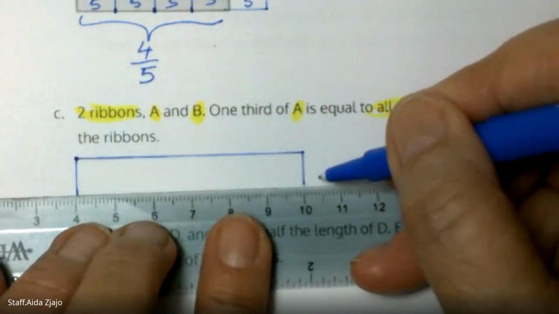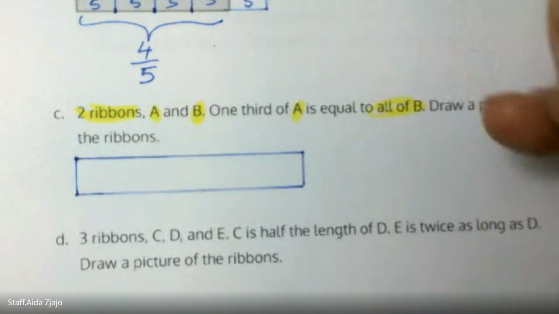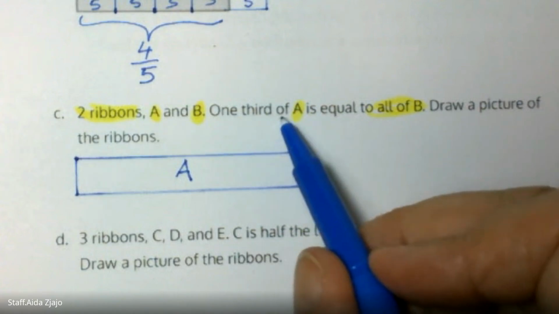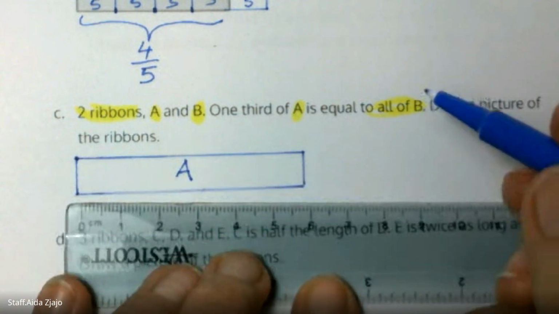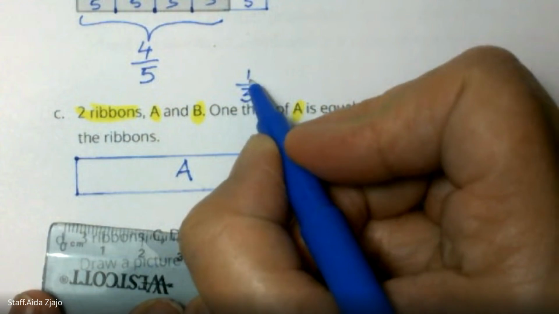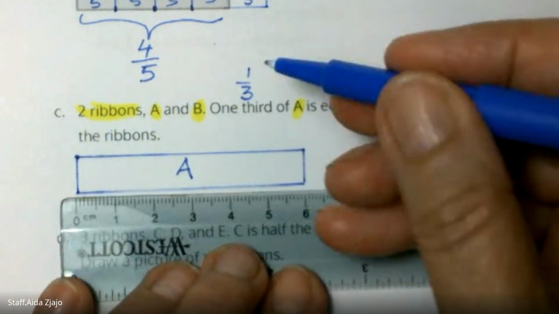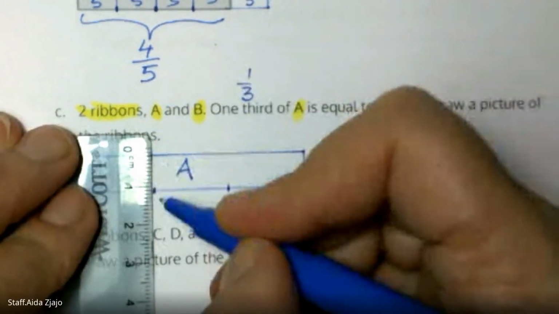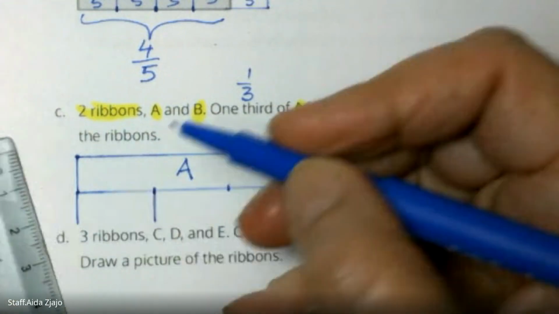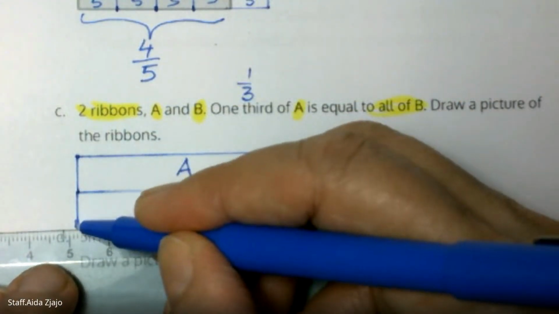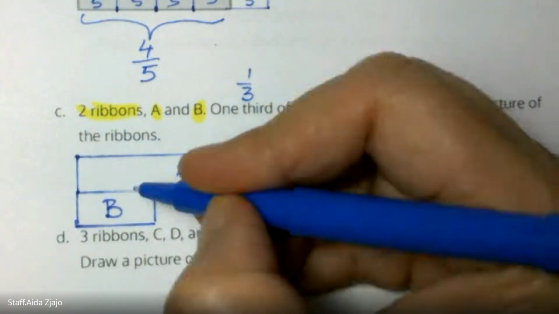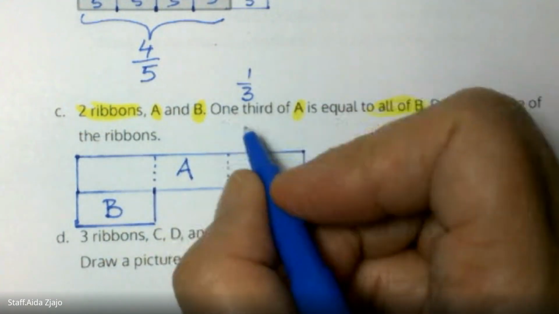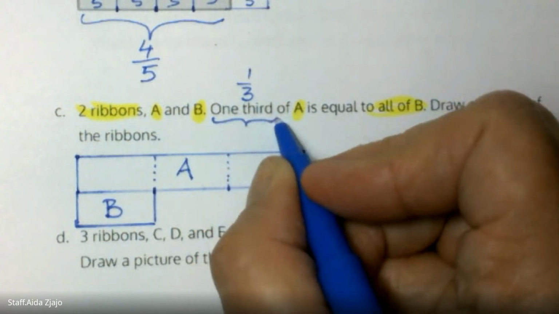If that represents a whole, that's A. And then 1/3 of A is equal to B. So 1 out of 3 pieces would be B. So I'm cutting this into 3 pieces, which will be 1/3, 1/3, 1/3, and 1/3 of A is B.